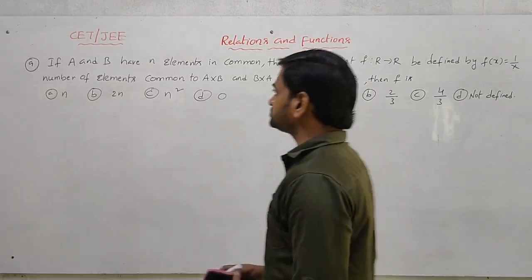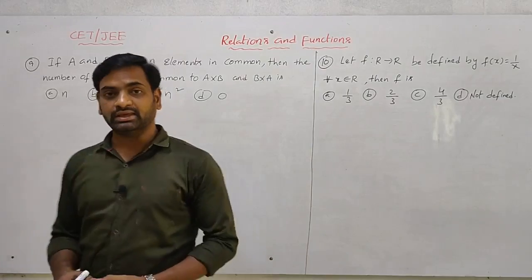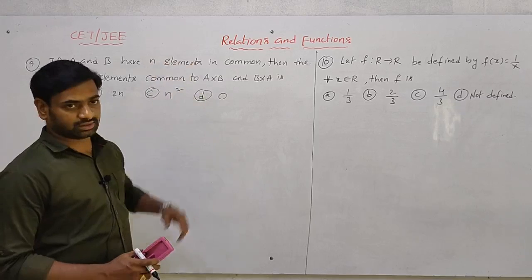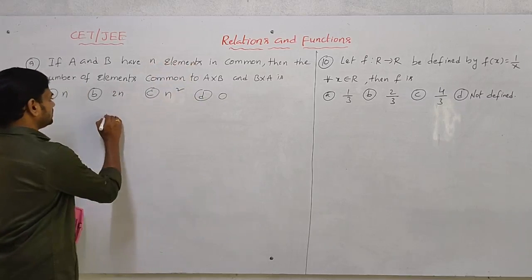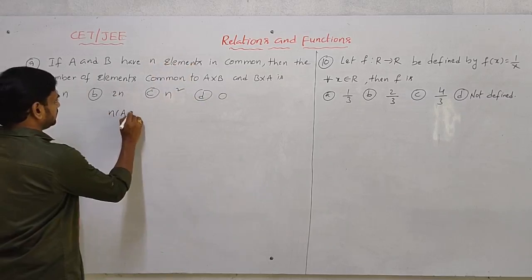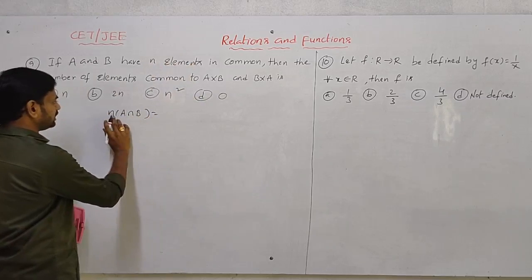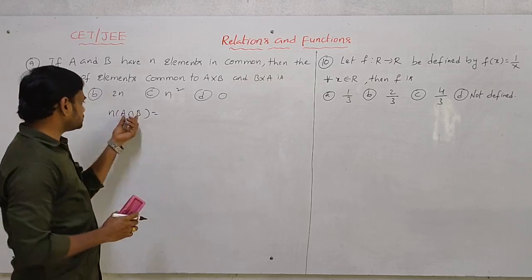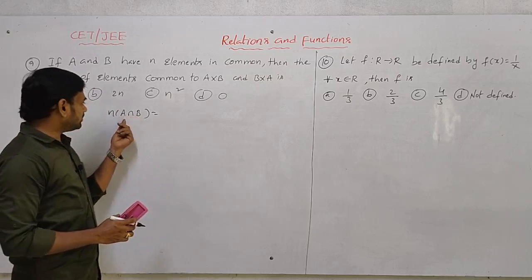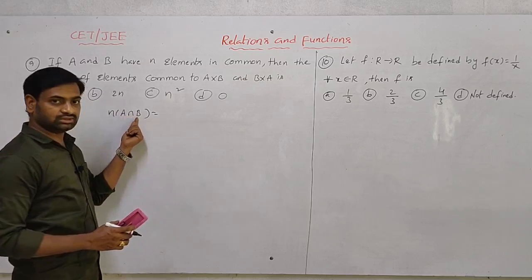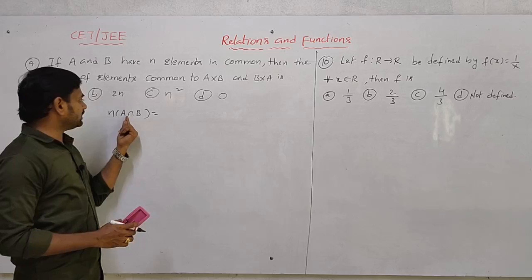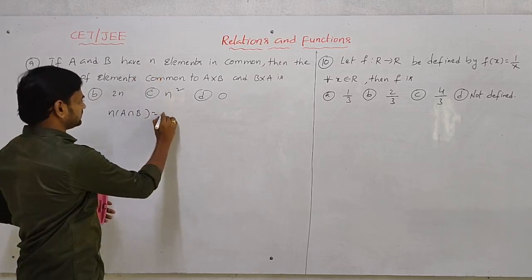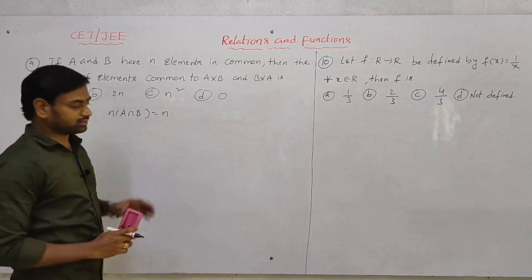See the next problem. If A and B have n elements in common, that means n of A intersection B, the number of elements in A intersection B. Intersection means common. The number of common elements for A and B is n. This n is different.